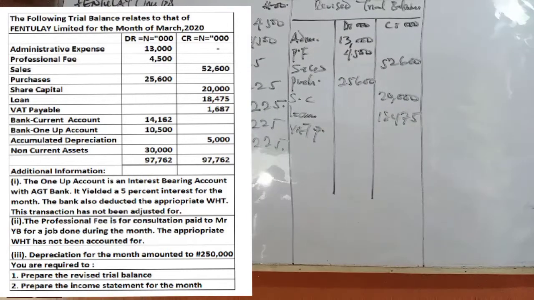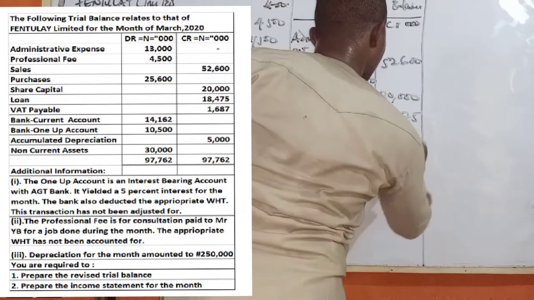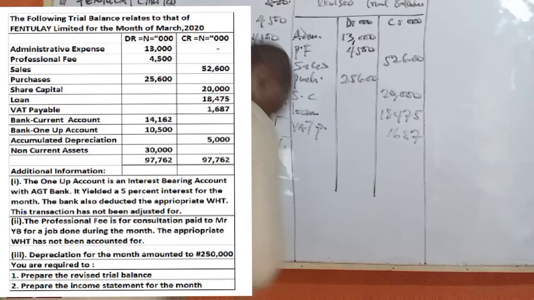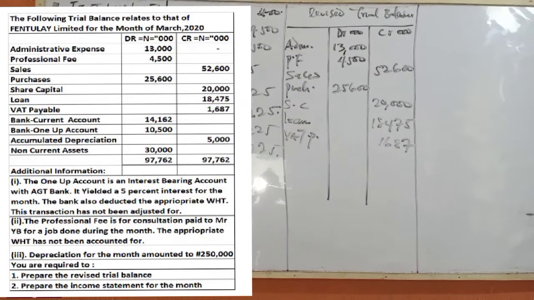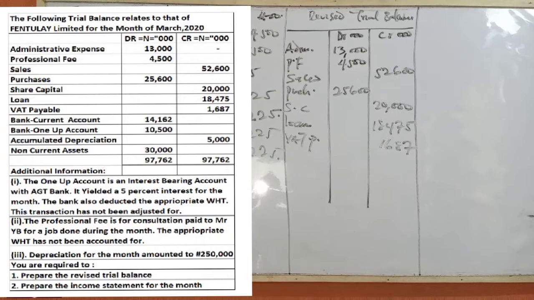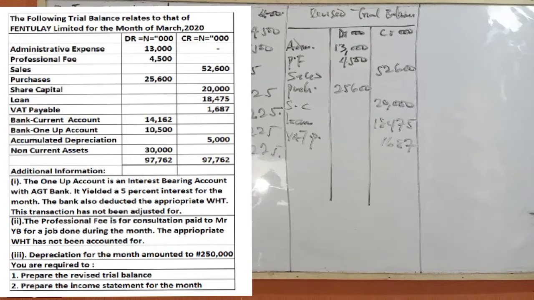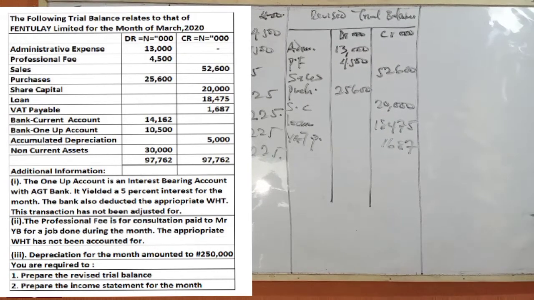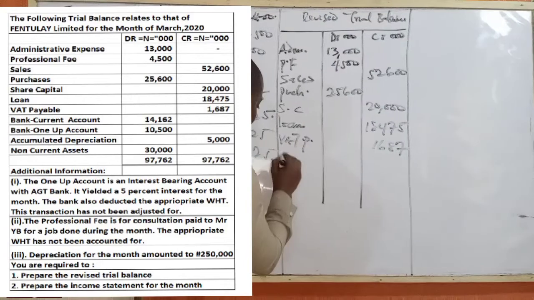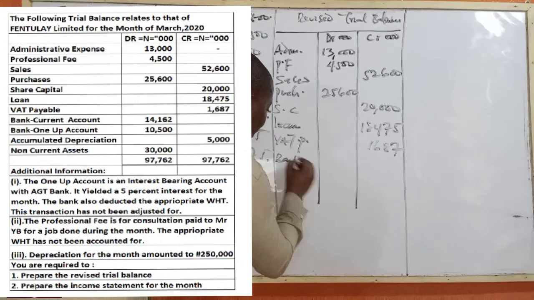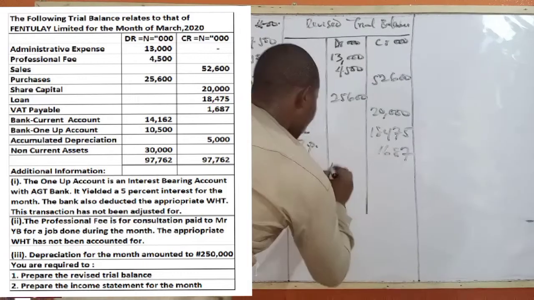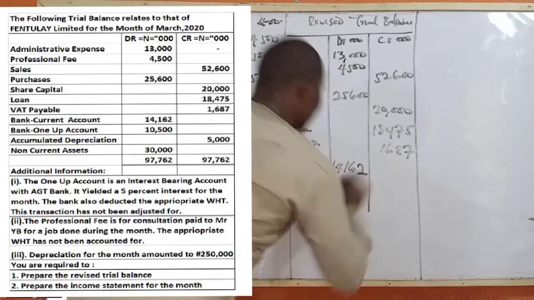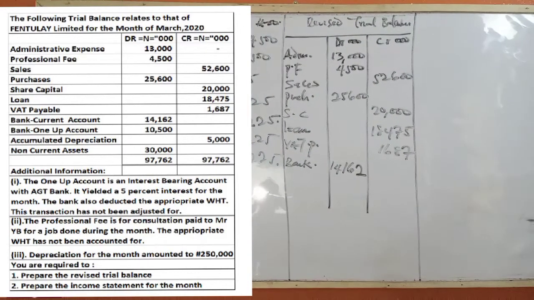I can see it to be 1,687. What's the next one there? Bank current account, 14,162.